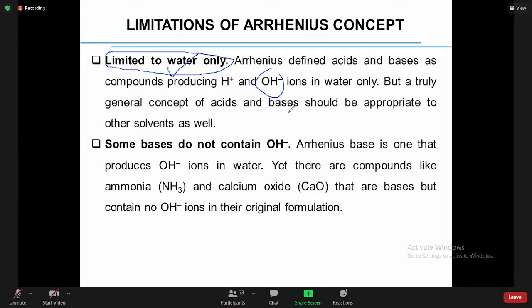And later on it was discovered that some compounds have basic properties but do not have a hydroxide ion. So this is also another limitation. Clear?